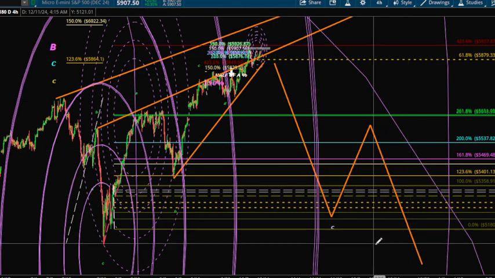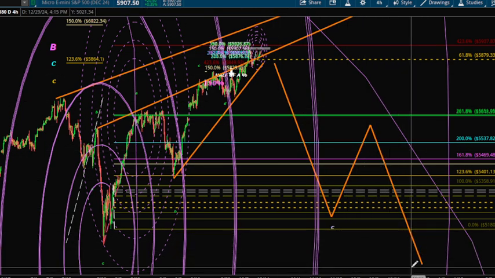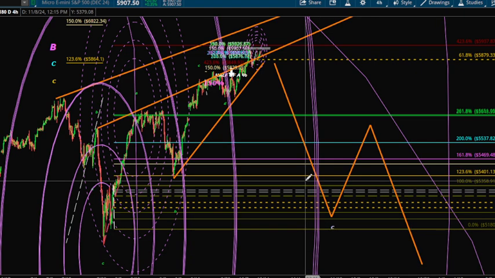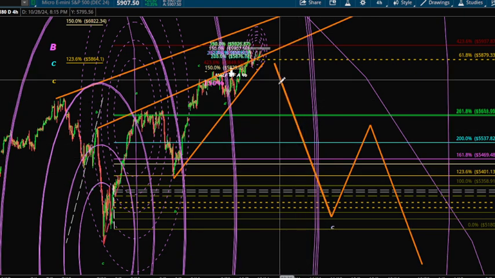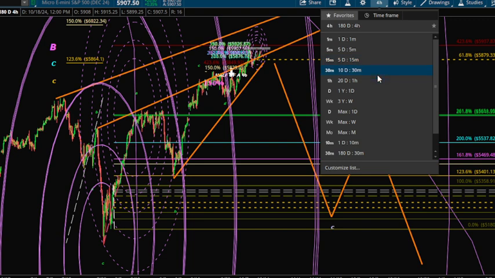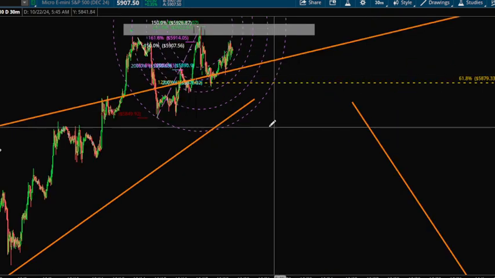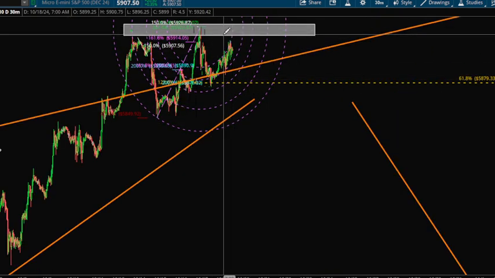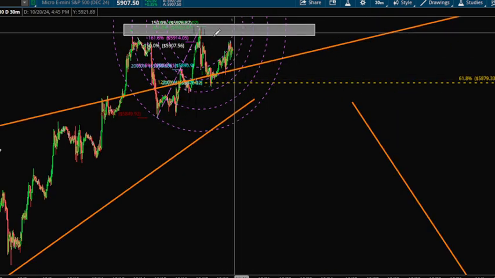So really kind of maybe a 3-way move. So we'll kind of play it as it moves. But in our first couple of days, on Monday or Sunday, we'll know right away, I believe, whether or not that's going to be the case, because we have to have this zone right here act as resistance.